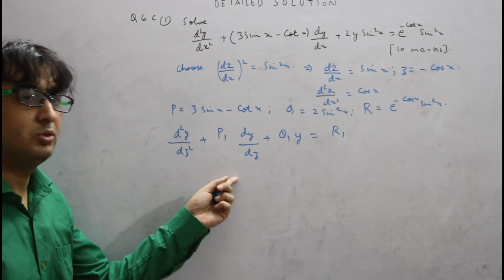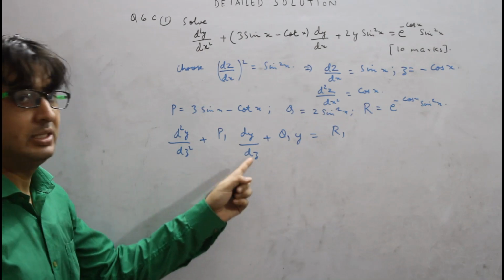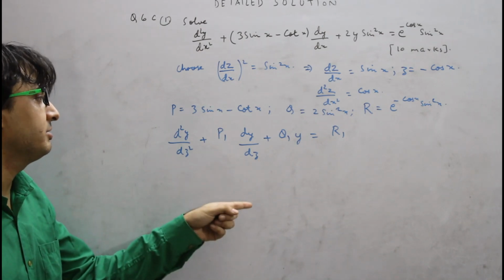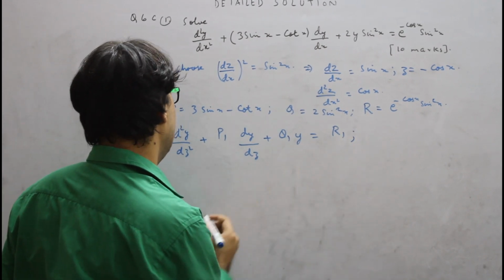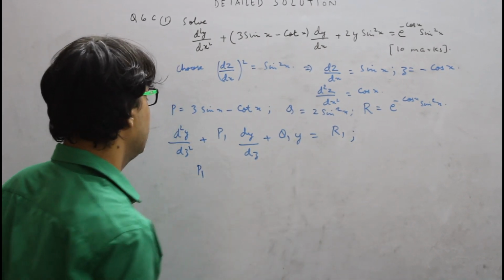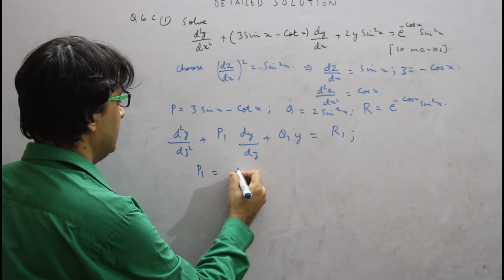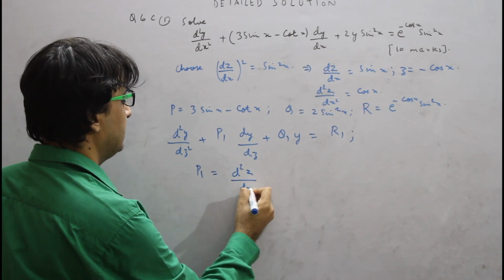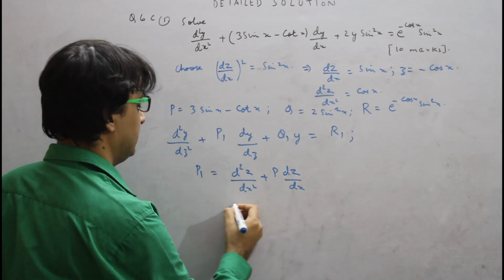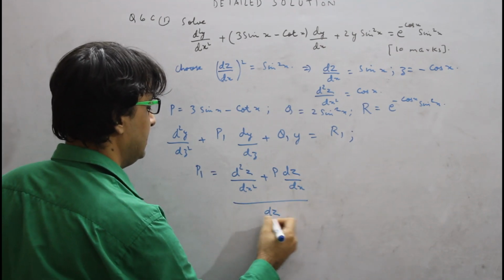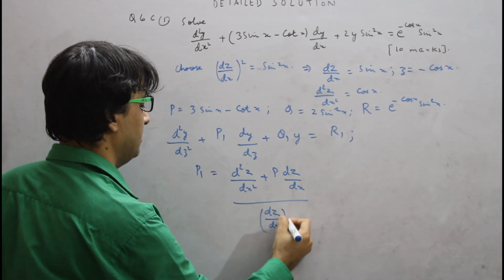In examination, we do not need to prove this. If it is specifically asked how this transformation changed, then only you have to write it. So here P1 is going to be (d²z/dx² + P dz/dx) divided by (dz/dx)².